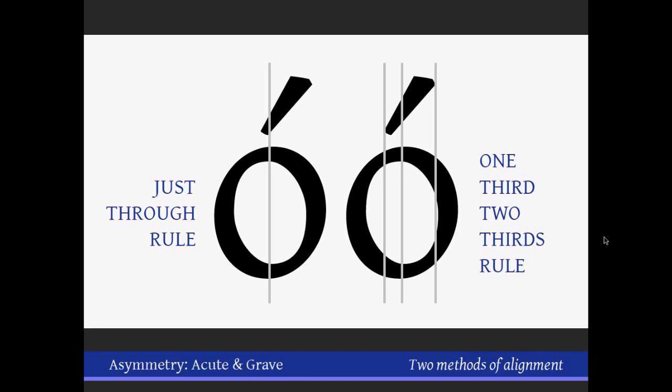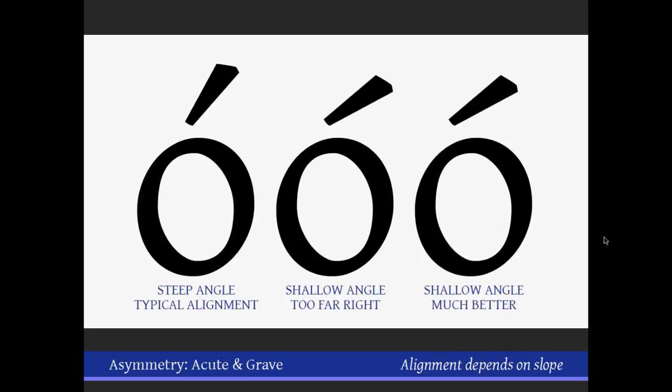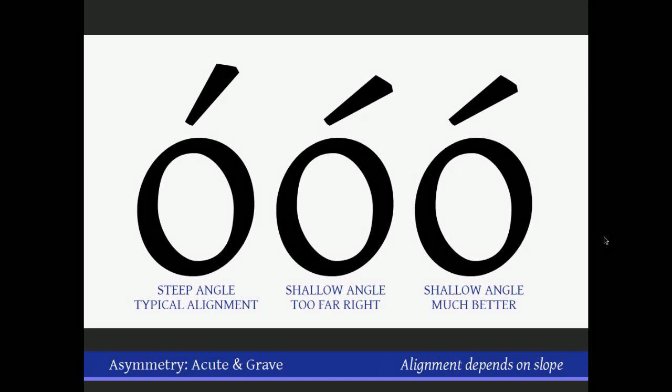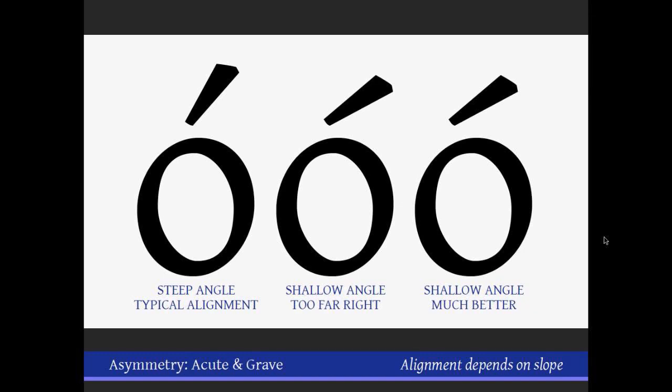A third way of thinking about it, though, involves looking at the angle of slope. Now, if you have an acute and grave that are very vertical, it tends to look better with the just through rule. That's typical alignment. But if you take that same diacritic and make it much more shallow, make it flatter, the just through rule just doesn't look right.